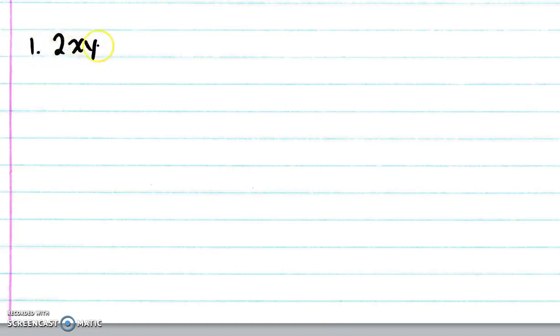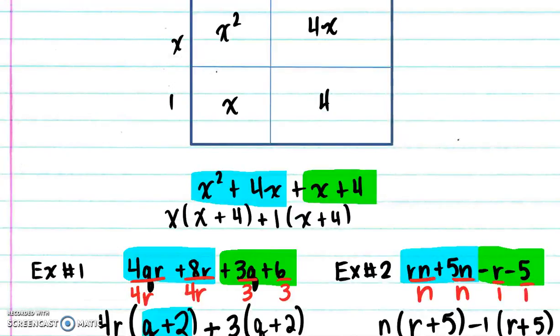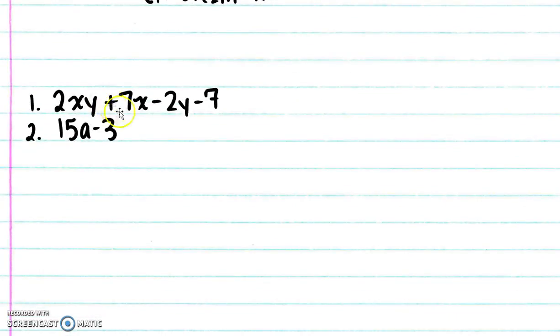2xy plus 7x minus 2y minus 7. These are going to be factored by grouping. 15a minus 3ab plus 4b minus 20.